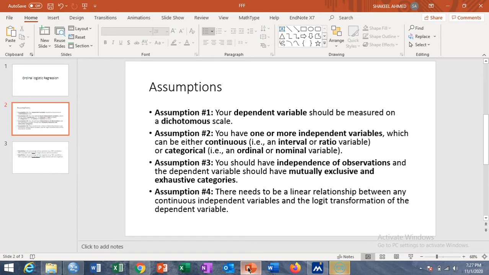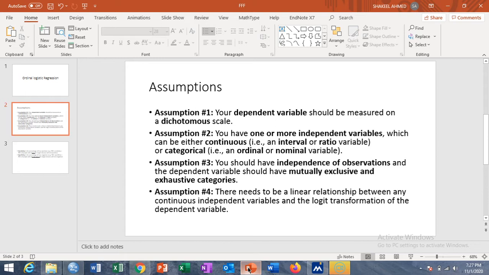In today's tutorial, we learn how to perform a logistic regression analysis in SPSS. Before starting the statistical analysis in SPSS, we discuss the assumptions of logistic regression.